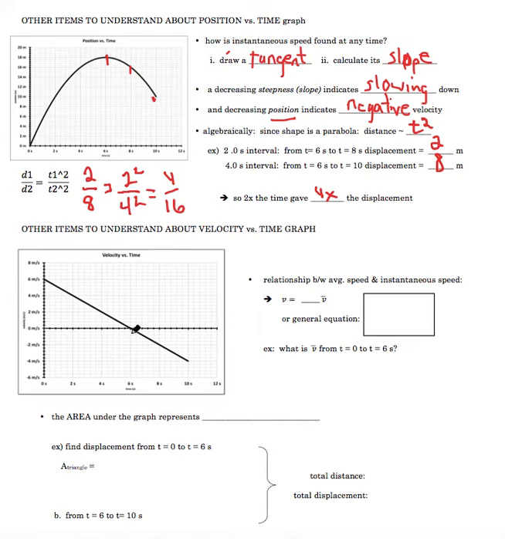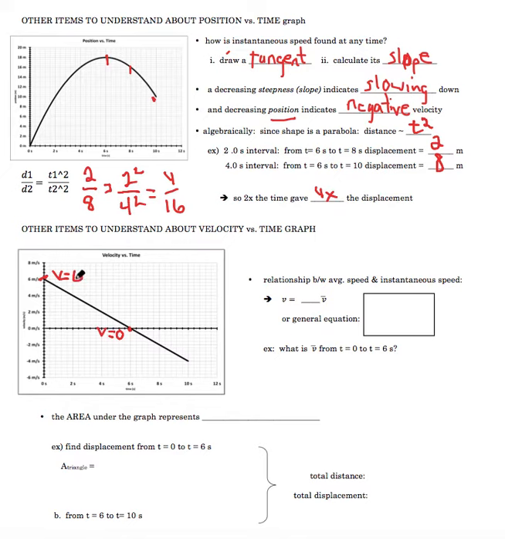So let's say, if the beginning of our interval, let's say from here we started at 6, and right here we're moving 0, so v equals 0 here, and initially our v equals 6.